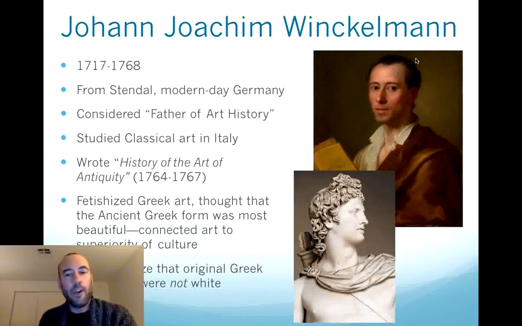He didn't know that, though, and he thought that Greek art was just the most beautiful, the highest expression of culture in the world. And he thought that the people represented in Greek art were among the absolute most beautiful aesthetically. So this picture on the bottom is Apollo Belvedere, a Greek god that he thought was the most perfect looking human that could ever possibly exist, even though he wasn't exactly a human and didn't exist.